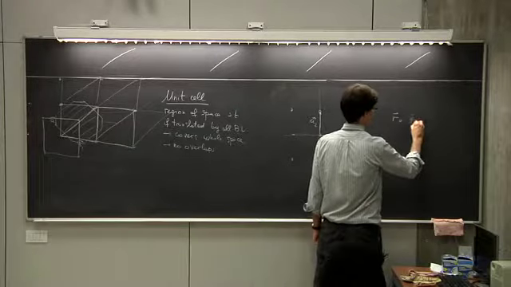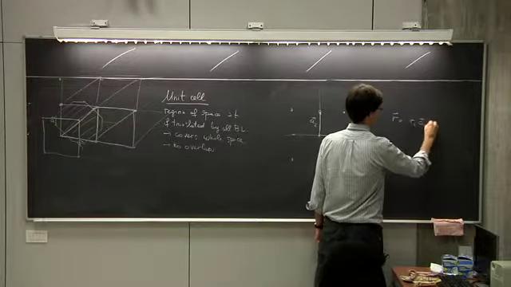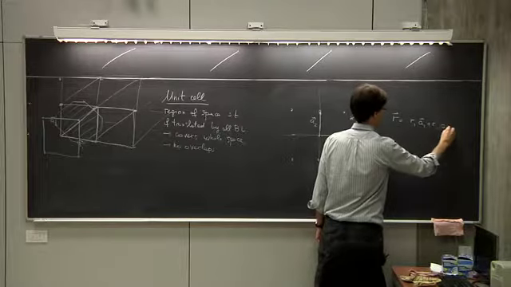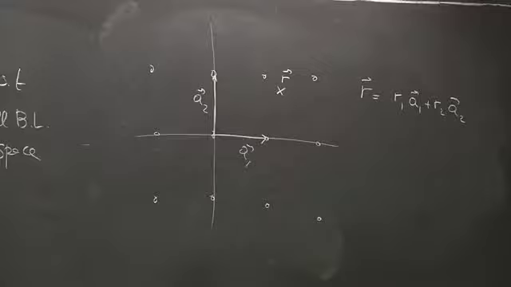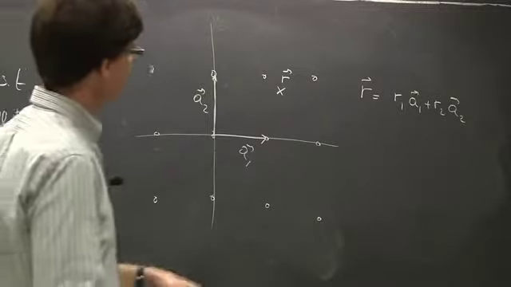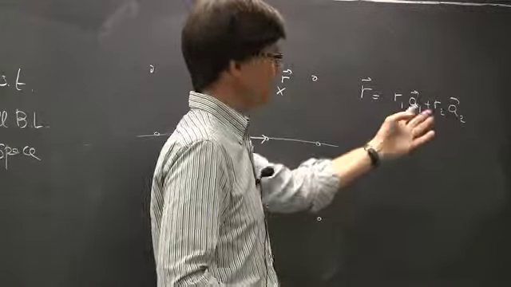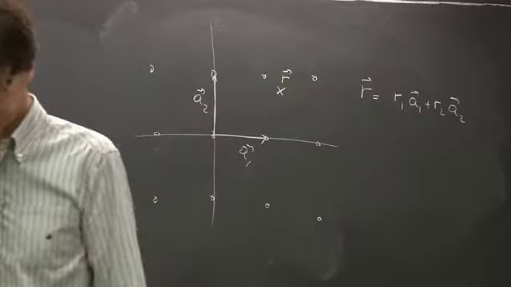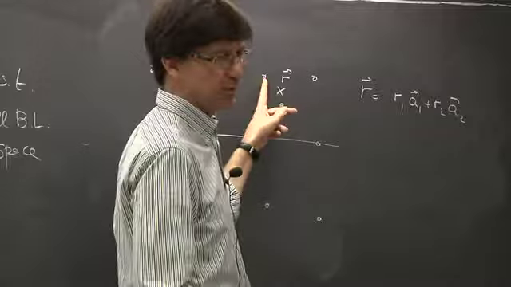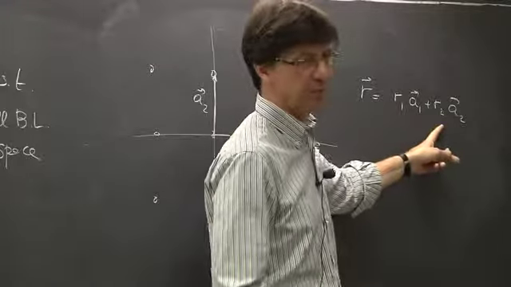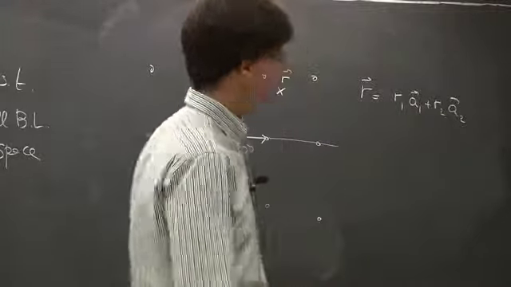So I will use R1 A1 plus R2 A2. R1 and R2 will be arbitrary real numbers. Any point in space, I will be able to describe in this way. Obviously, if my point coincides with a Bravais lattice point, R1 and R2 will be integers, right?